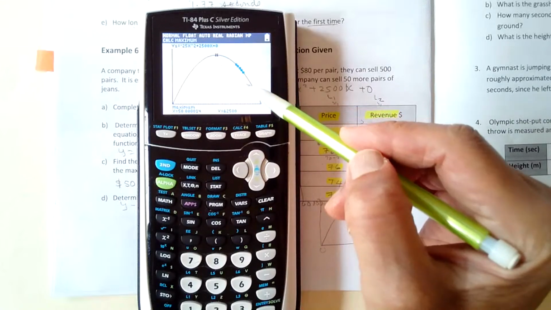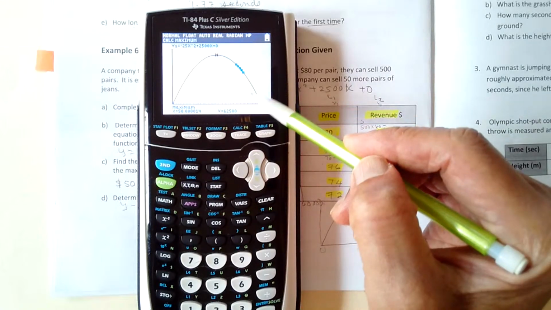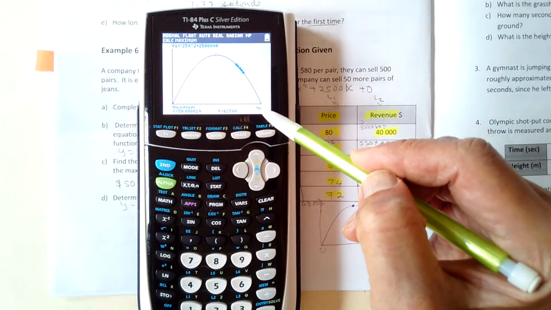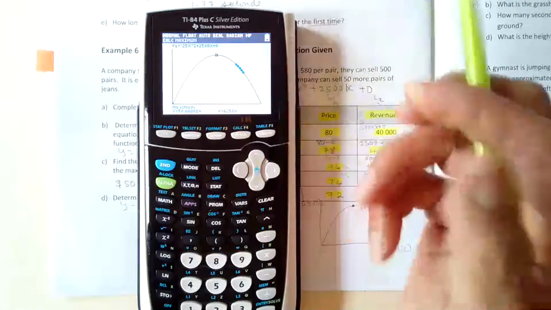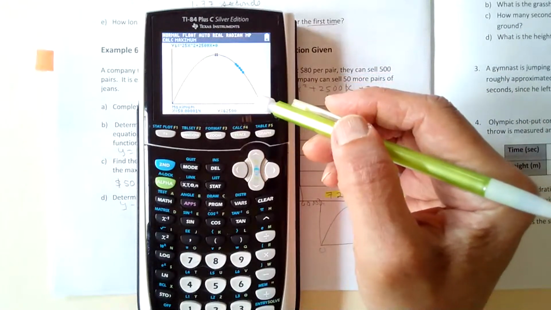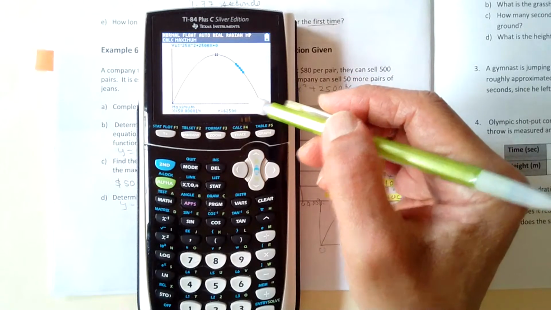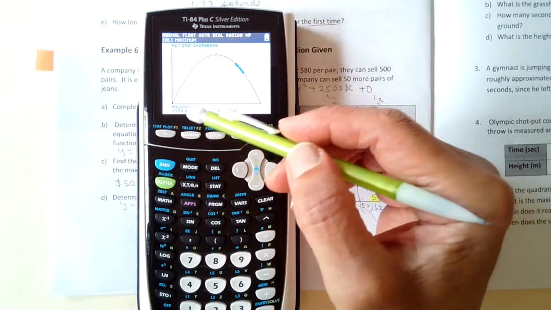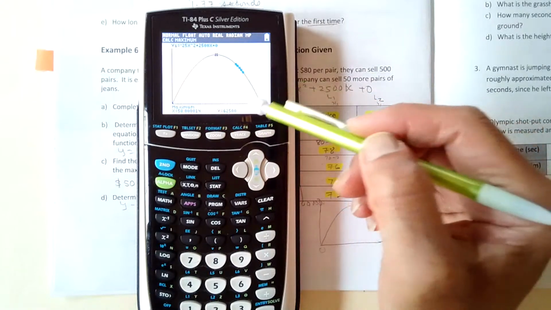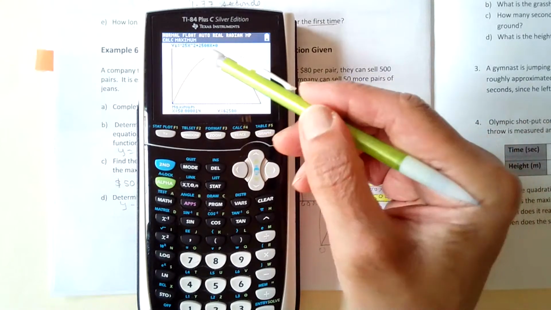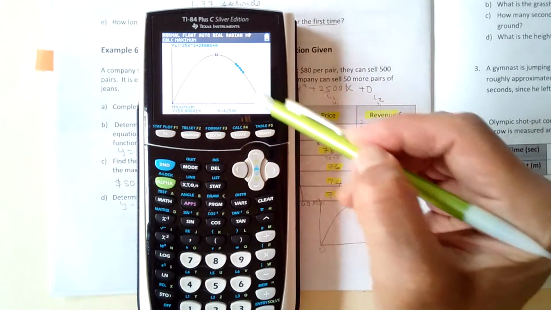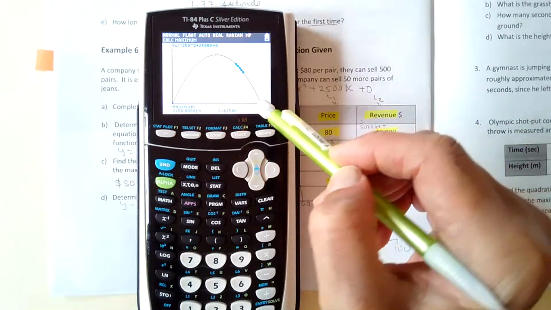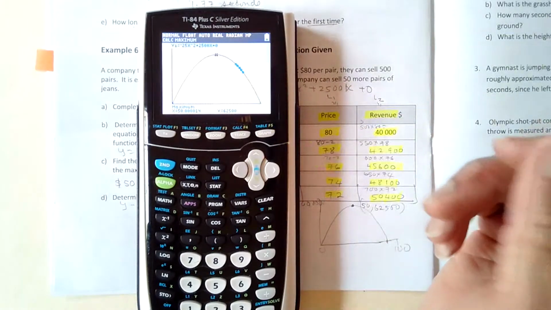Once you get on the other side of the quadratic, you're getting less and less money until you get to 0. If you were to sell at a price of $100, nobody would buy it, because the more you raise the price, the fewer people will buy. That's why it gets down to 0, because the price is too much.